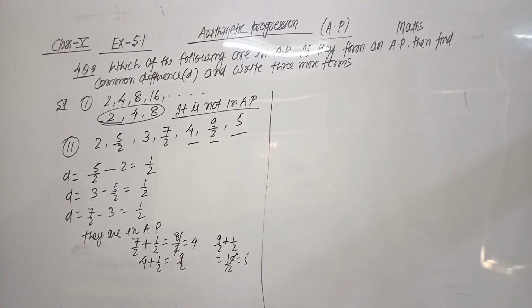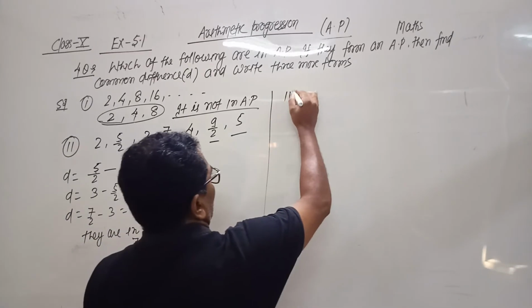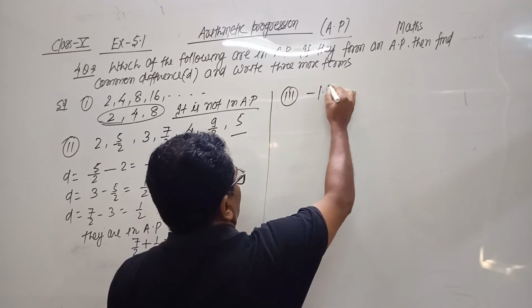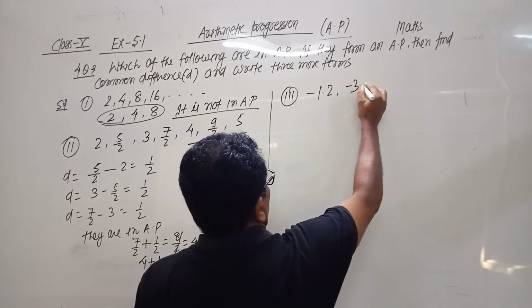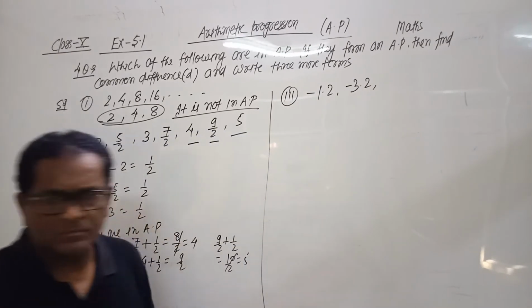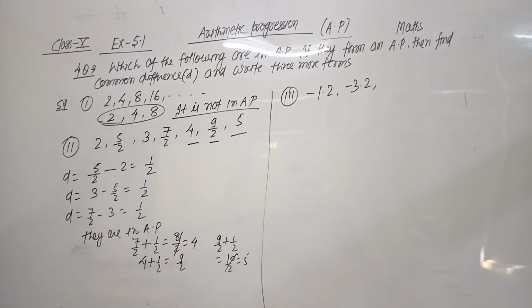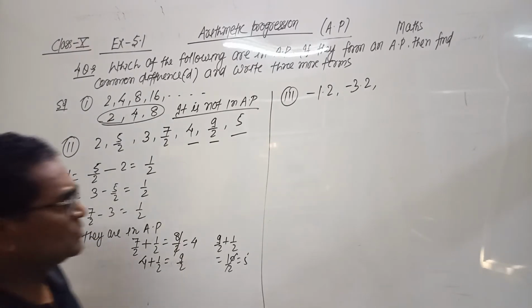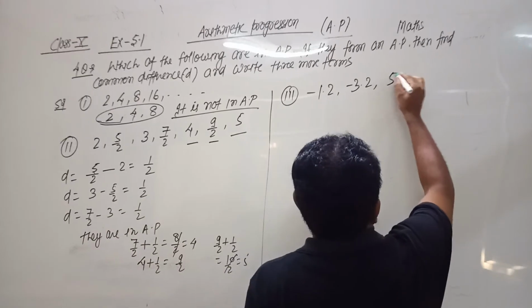The next part, the third part: minus 1.2, minus 3.2, minus 5.2, minus 7.2.